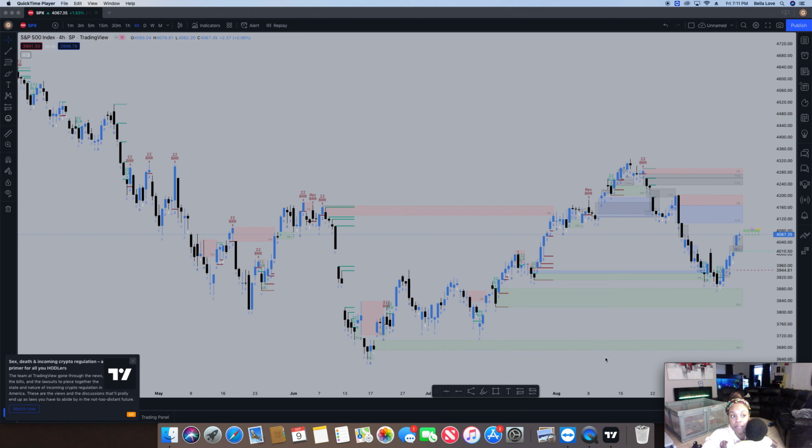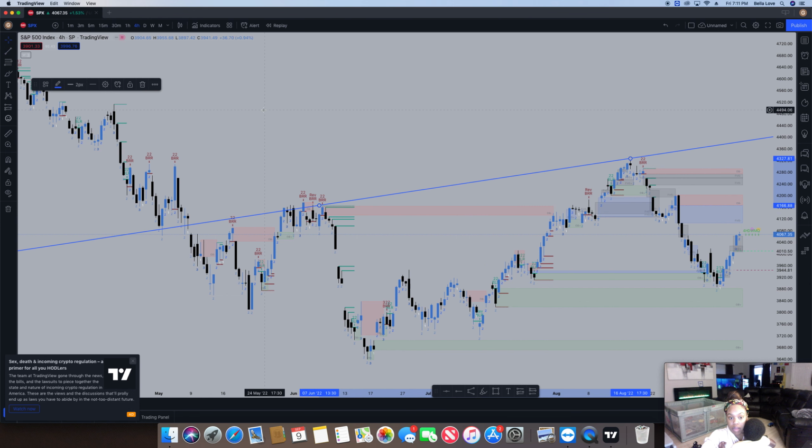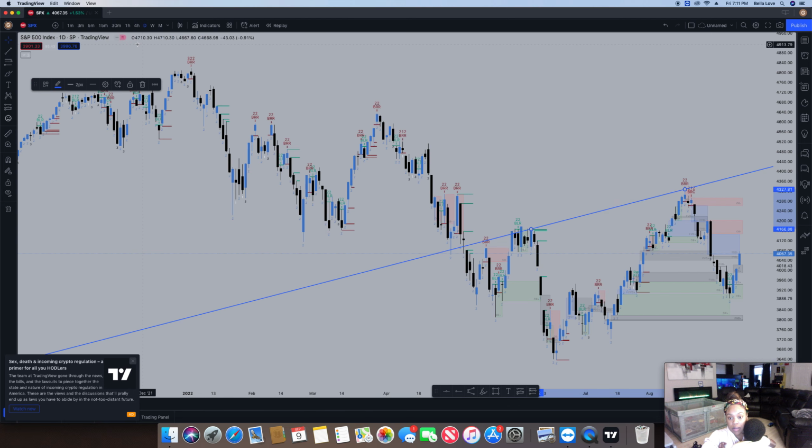Let's get into it. So, like I said, a broadening formation is when you're drawing a high, previous high, we use a trend line, a previous high to another previous swing high. Actually, I want to draw it on a daily chart because it's more precise.